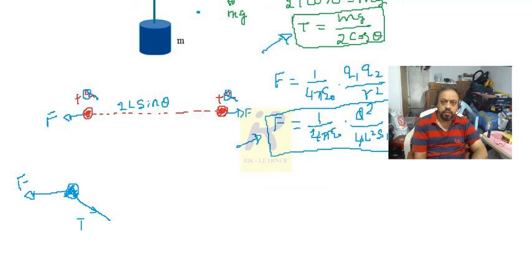The angle made by the thread with the vertical is theta.